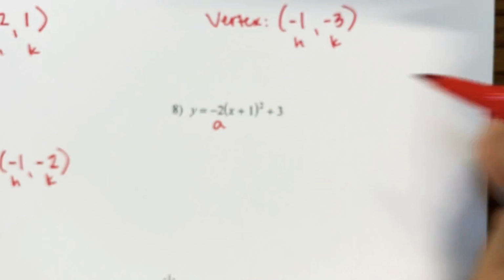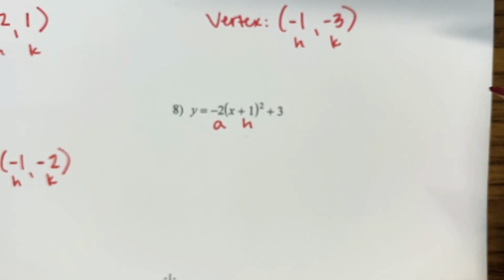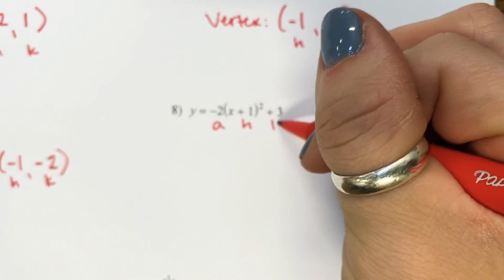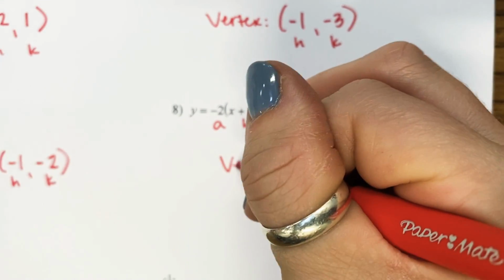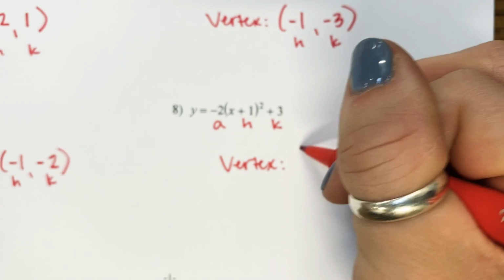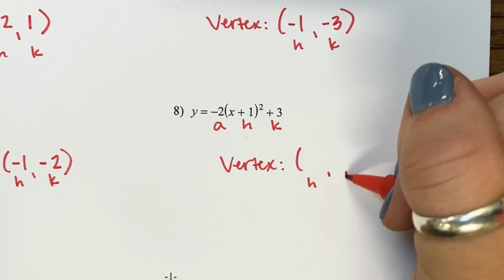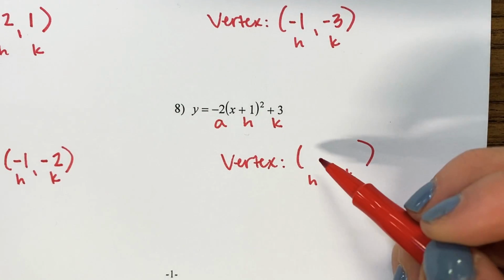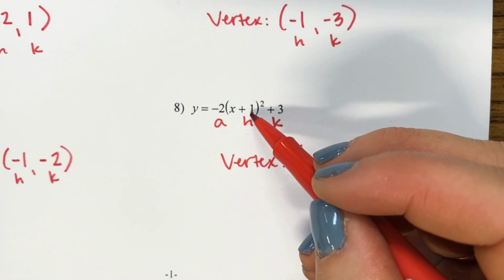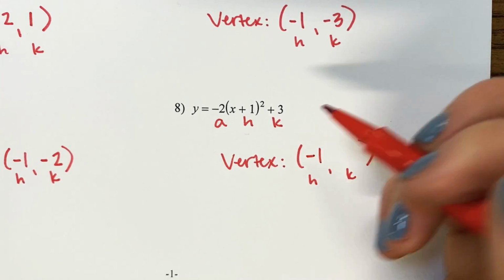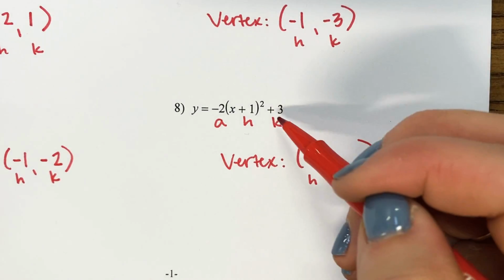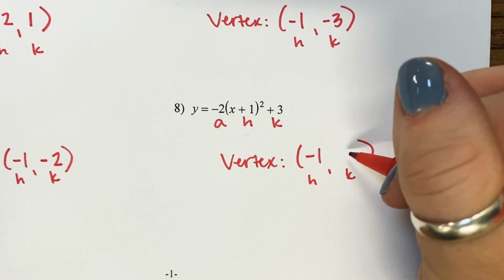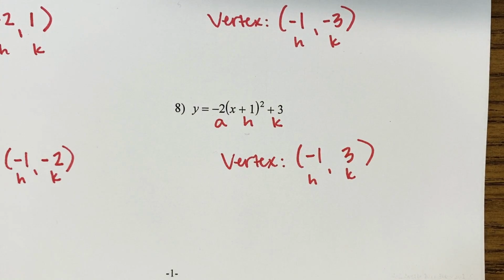8, A is in front of my parentheses, H is inside the parentheses, and K is on the end. So let's identify our vertex. Vertex is always H, comma, K. My H is -1 because we changed the +1 to a negative, and the K stays the same, so +3.